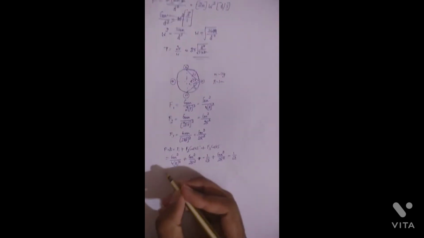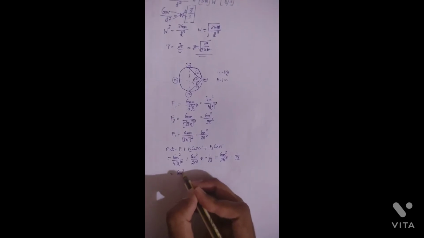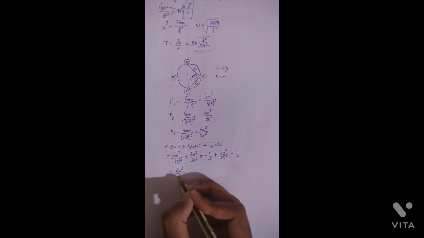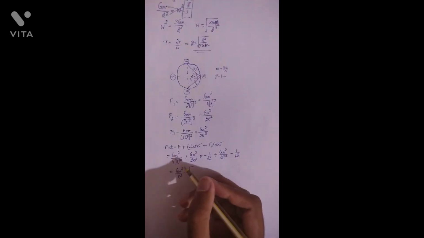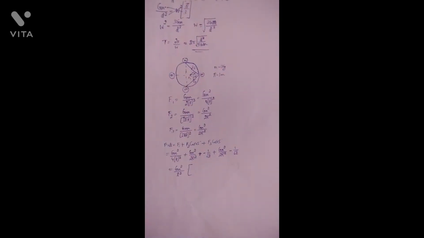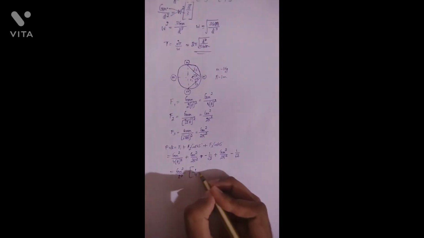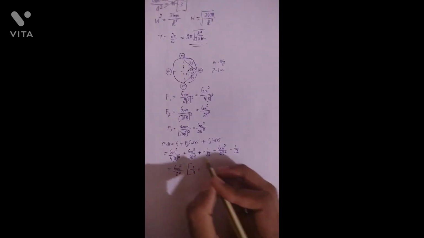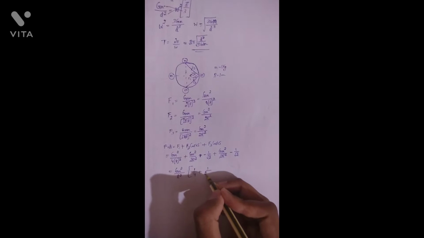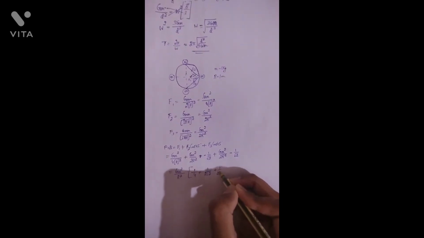Now next, that is equal to GM square by R square, it is common, let us take it as common, and if you take it all together, 1 by 4 plus 1 by 2 root 2 plus same 1 by 2 root 2 it will become.